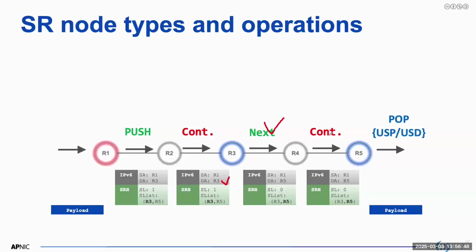We will talk later about them, USP or USD, which is actually de-encapsulation and popping of the segment routing header. Then it just forwards the packet based on the instruction that has been sent from the source node. Based on that, the destination node will perform the function when it's forwarding the packet.